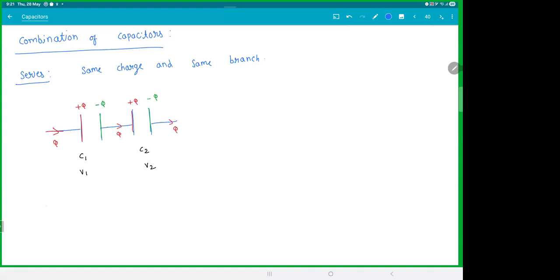So that is the first thing in charge distributions. The charge on the positive plate induces a negative charge on the facing plate, or induces an opposite charge.